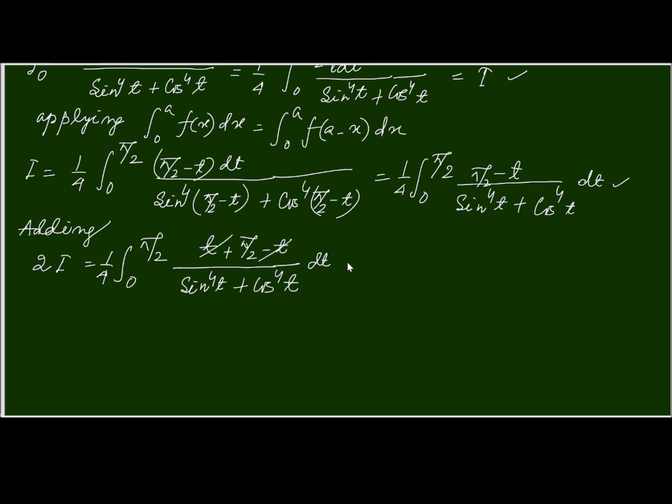This 2 will be cancelled, so pi by 8 will come outside, 0 to pi by 2, dt over sine power 4t plus cos power 4t.